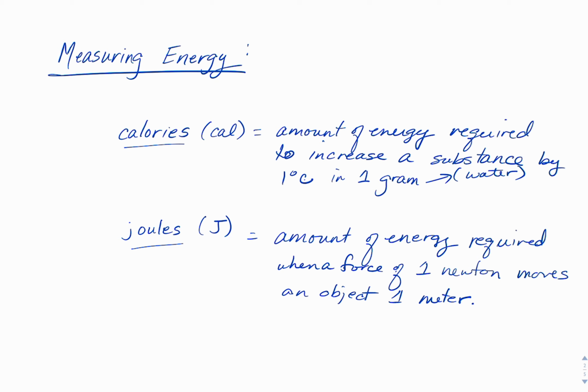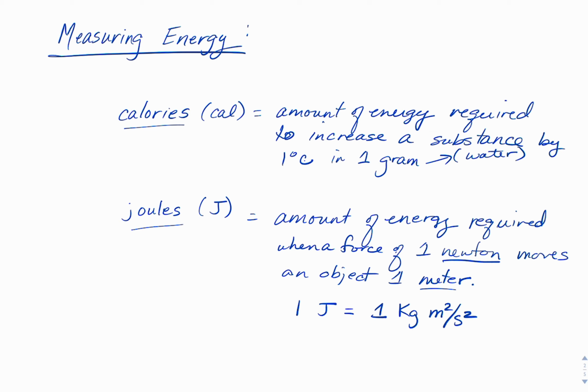So you could write a joule as equivalent to 1 kilogram meters squared per second squared, which would be essentially a Newton times a meter.